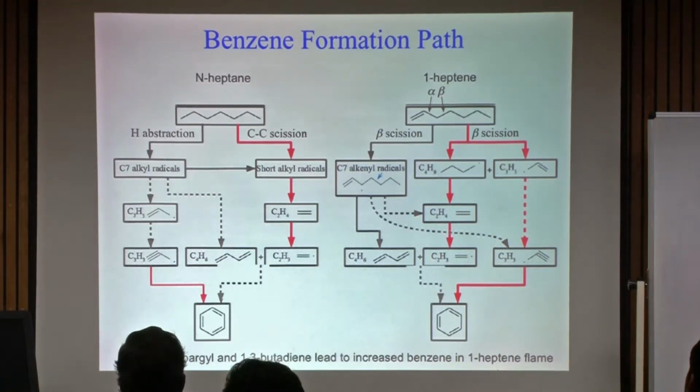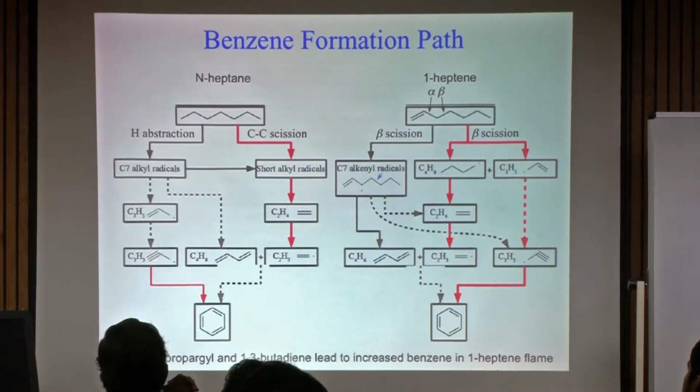But I highlighted the important observation. If you compare heptane and heptene, when you have a double bond, there are different paths for benzene formation. Overall, more benzene is formed with heptene. The main species are two. This is called propargyl, written here, C3H3. You see there are 3 carbons, and there is a triple bond here.